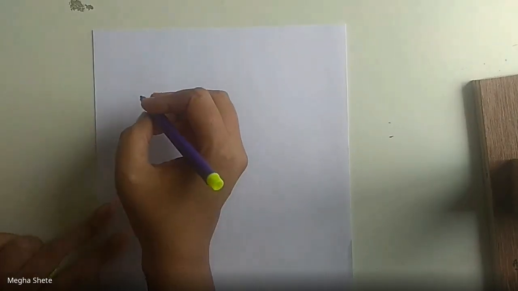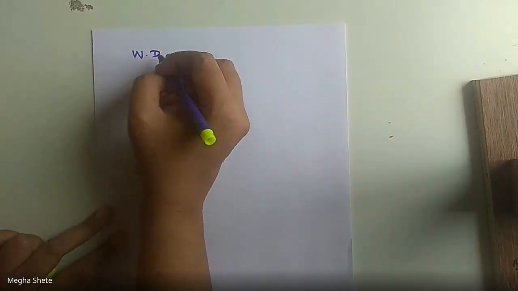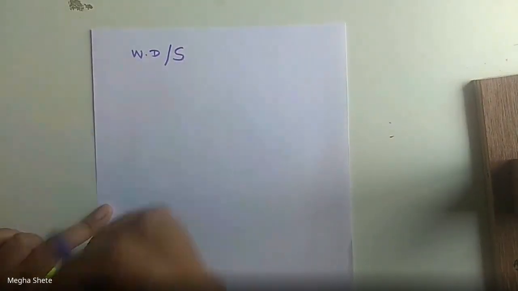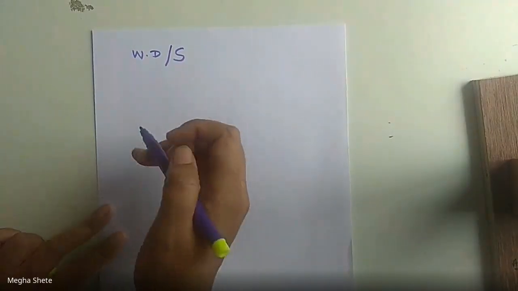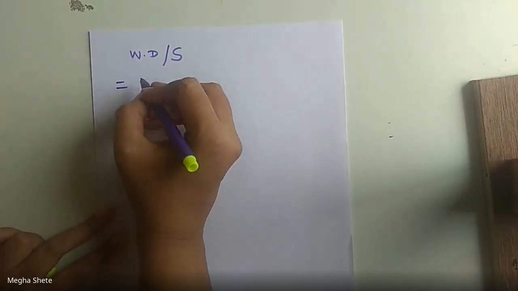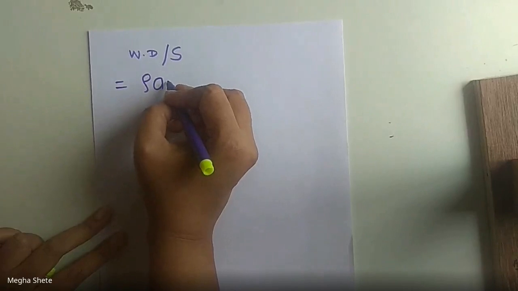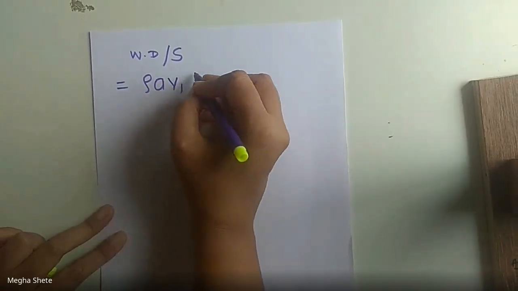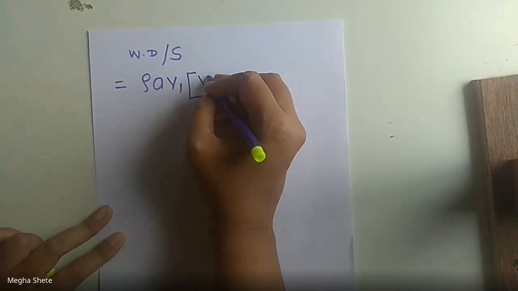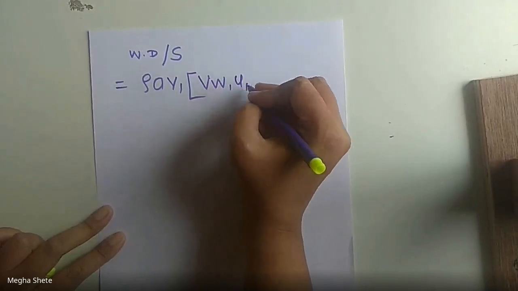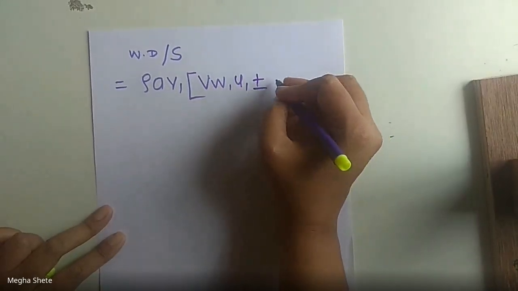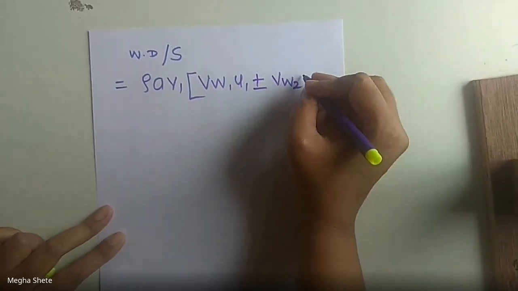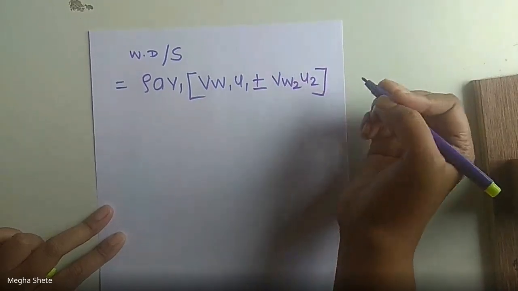As we know, the work done per second on the runner by the water is given by the equation rho A V1 into bracket VW1 U1 plus minus VW2 U2.